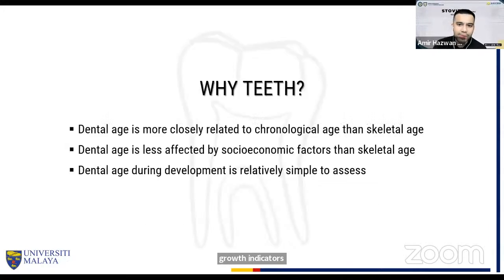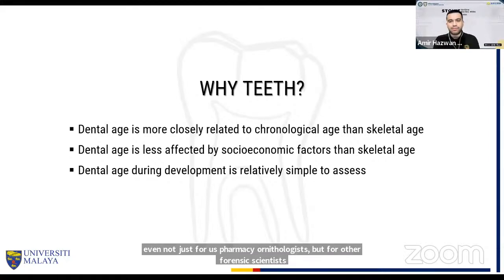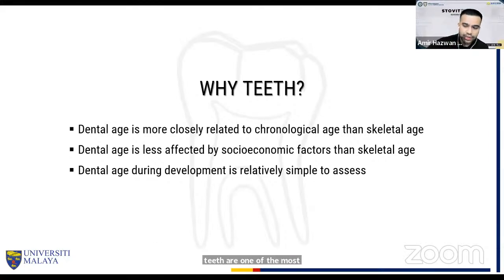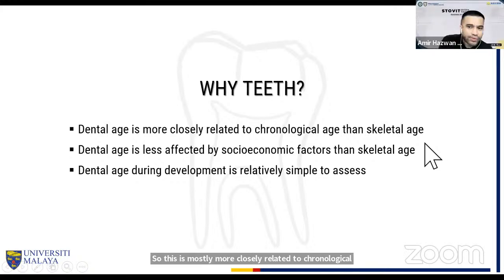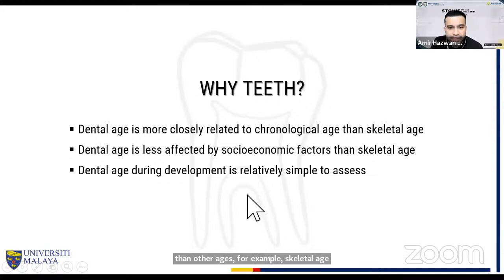So as I mentioned, why we prefer teeth, not just for us forensic odontologists, but for other forensic scientists. Teeth are one of the most reliable or accurate indicators to estimate age, because they are more closely related to chronological age than other ages, for example, skeletal age, and less affected or influenced by socioeconomic factors, you know, malnutrition, things like that.